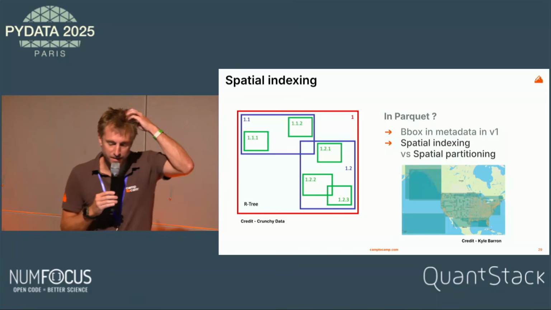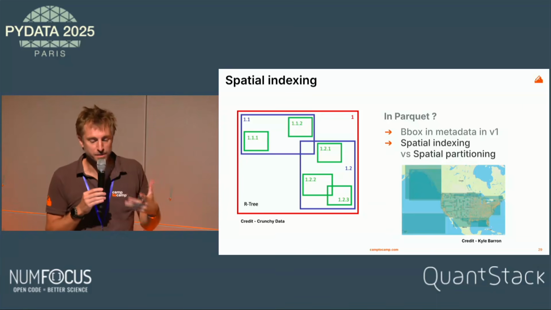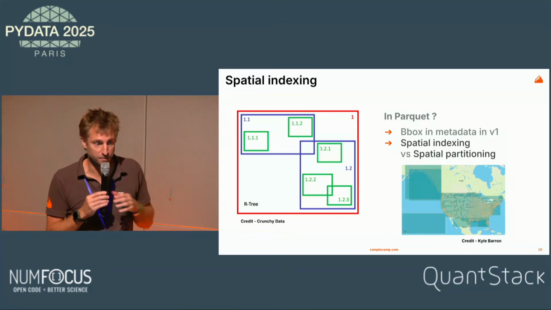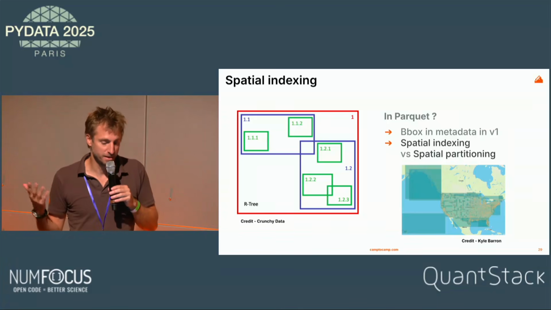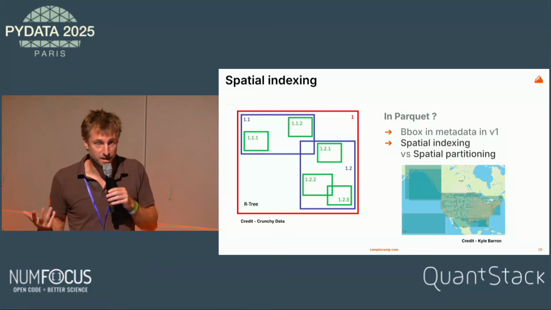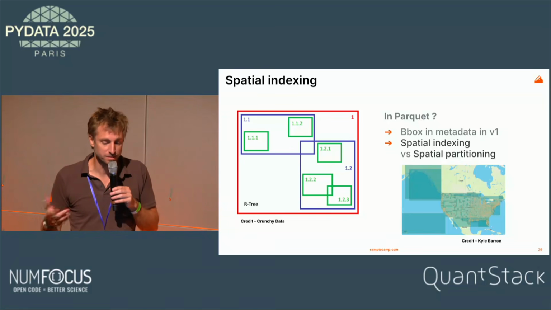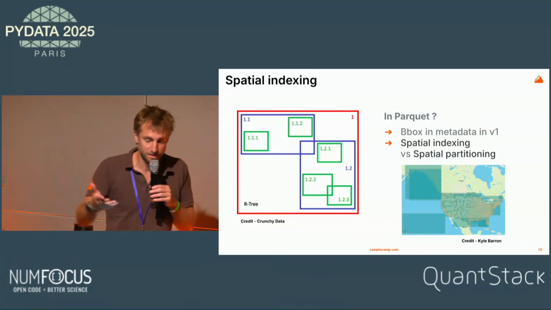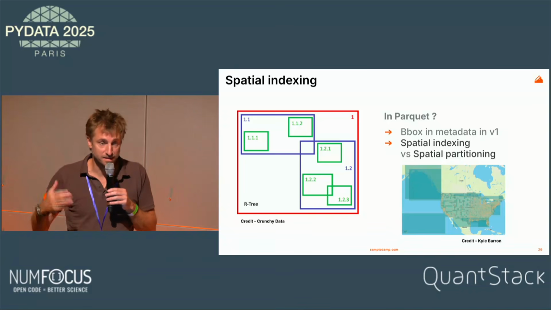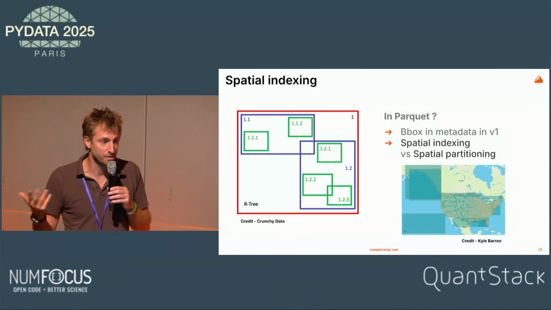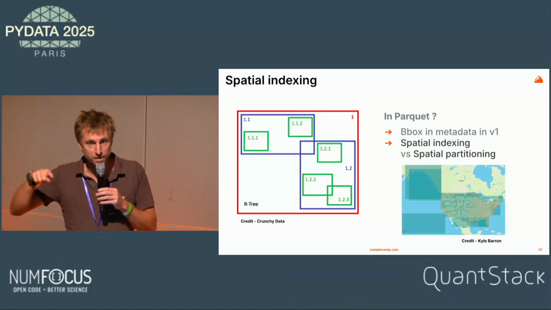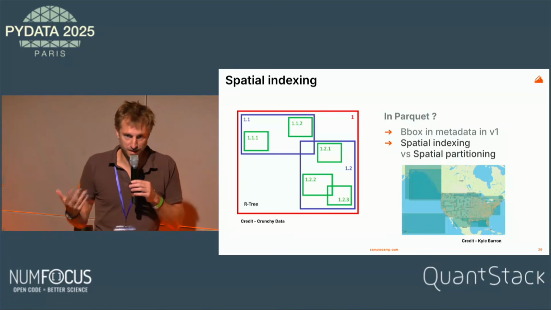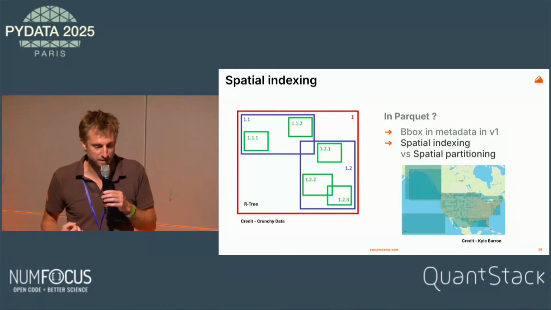For instance, in Parquet, the issue was that we can store the geometry as binary in a column of a Parquet file, but it's really hard to have a correct index. The only index in V1 was just the extent. There was metadata in every geometry with its extent, and you had to perform a query saying x min superior to the extent, etc. So you had to browse a lot of useless data to find the intersected data.